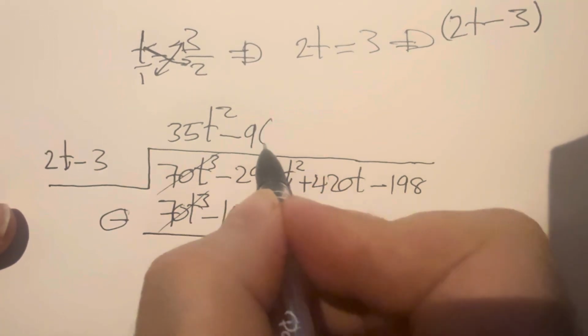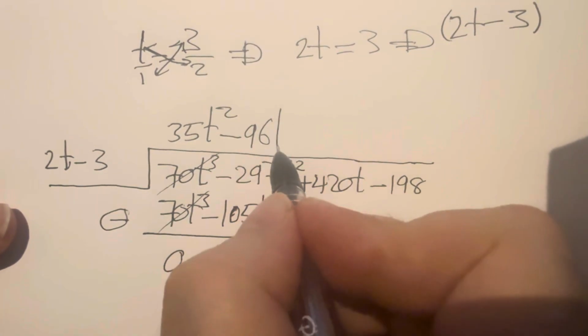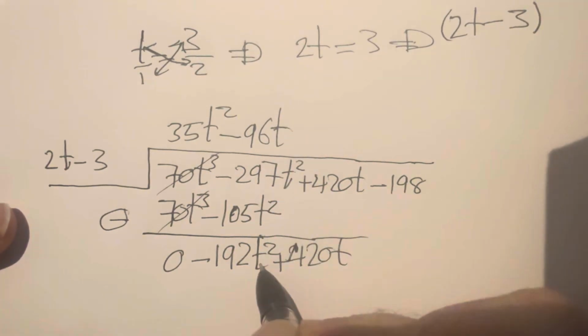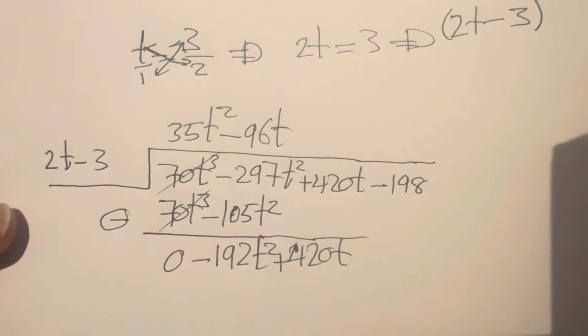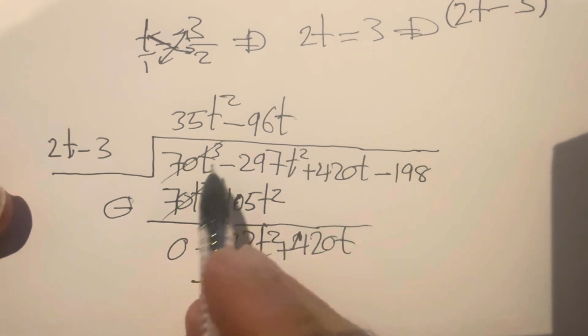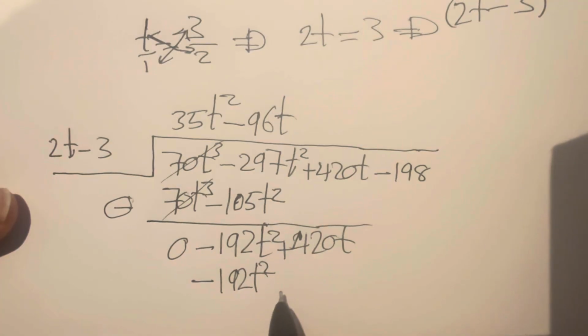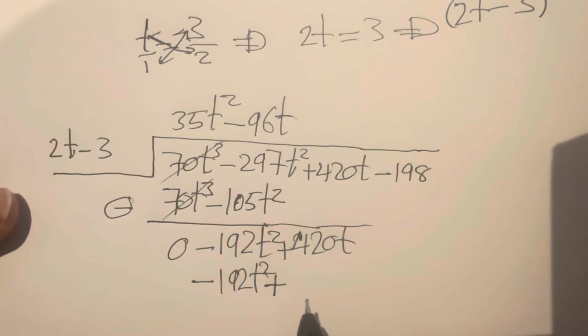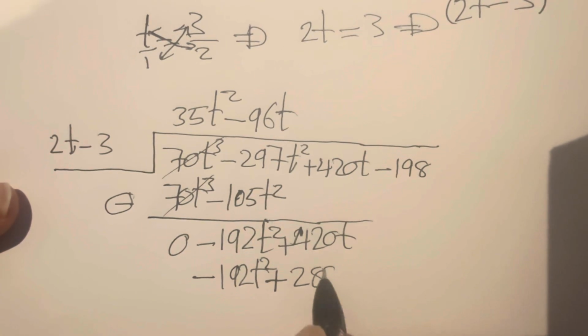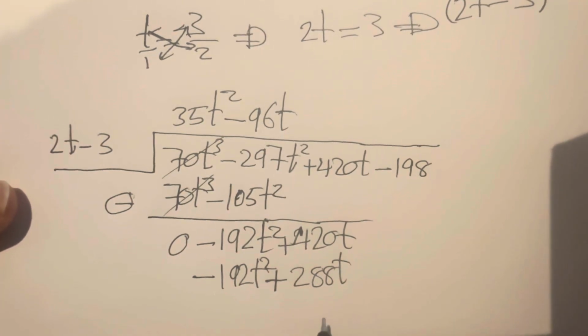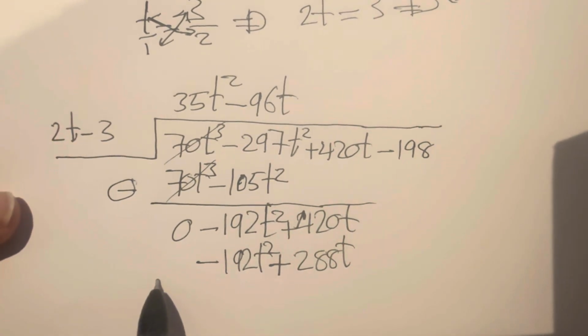minus 96t, because t squared divided by t, we get t. So minus 96t times 2t, we get minus 192t squared. 96t times 3, we get minus times minus, we get plus, 288t.